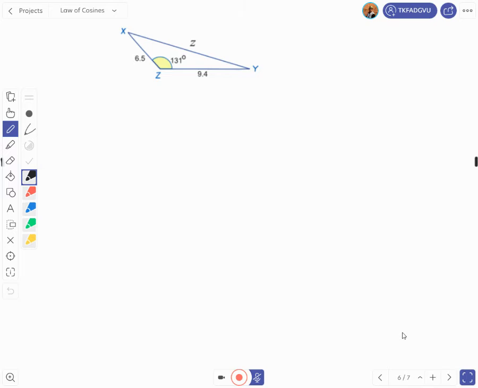This time, two sides and an angle are given, and you are asked to find the third side here. What is the third side here? But we don't have ABC. So a smart way is, we know the formula with ABC, like c square equals a square plus b square minus 2ab times cos C, right?